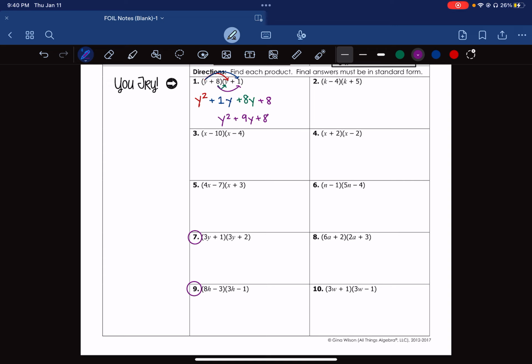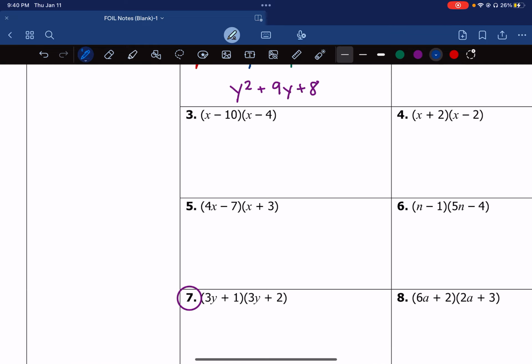Okay, I'm going to unpause ourselves here. Now, when you did 3, you should have gotten x squared minus 4x minus 10x plus 40, which should have come out to x squared minus 14x plus 40.